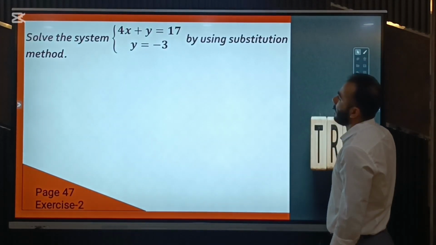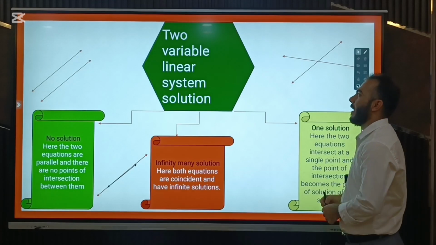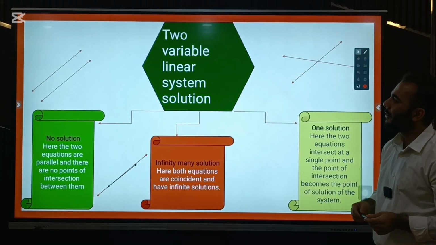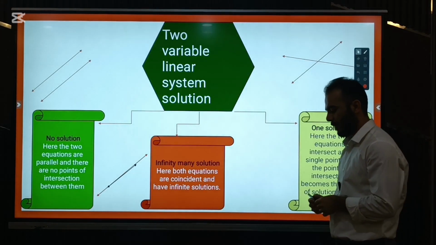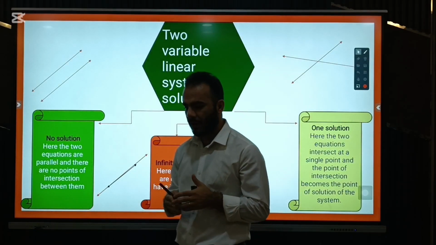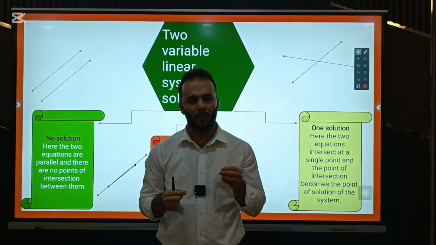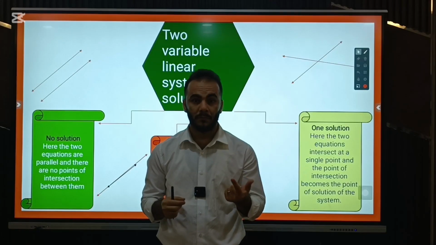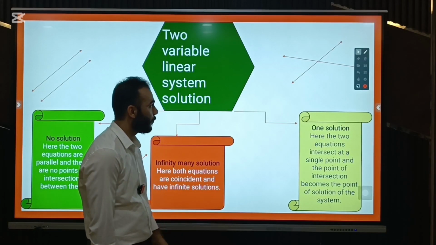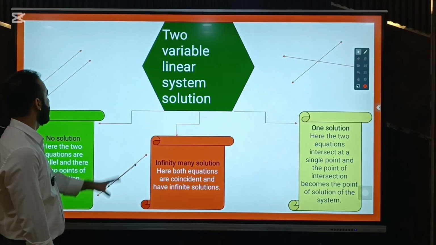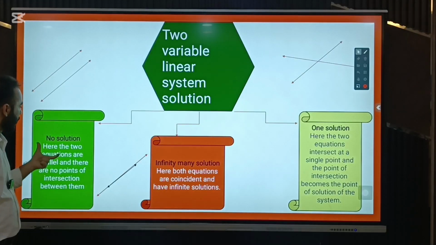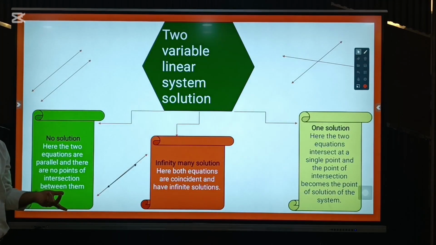Perfect. The next thing that you need to know, okay, two variable linear system solution. When we have a system of linear equations, the question is, are we going to have always one solution? So here is the point that we are going to find out. The first case is we might have no solution.